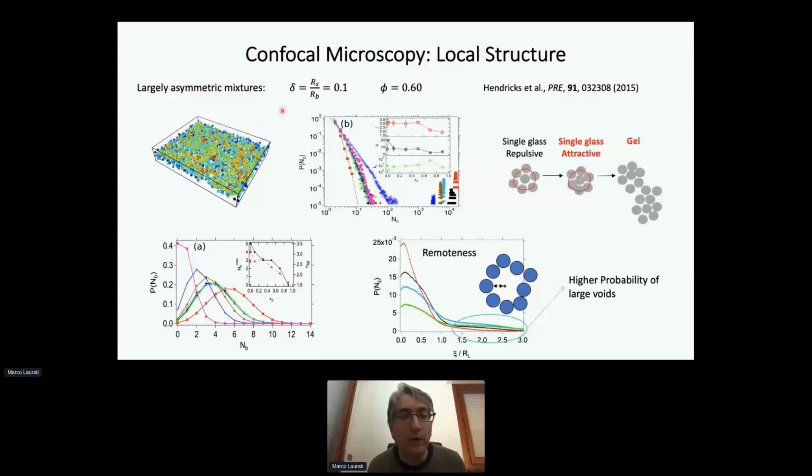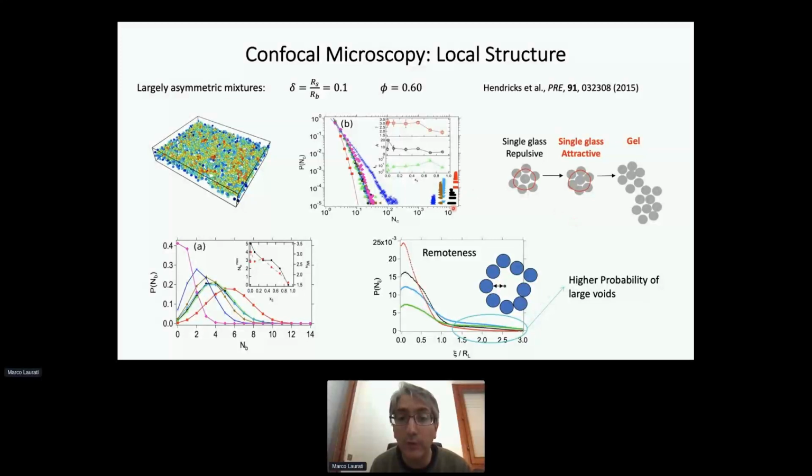And so I wanted to show you this example of the study of an asymmetric mixture, which is even more asymmetric, with a ratio of 1:10 and similar packing fraction. By investigating the neighbor distributions and the cluster size distributions, we were able to show that in this system, on top of glassy states, we can also observe formation of gel states.